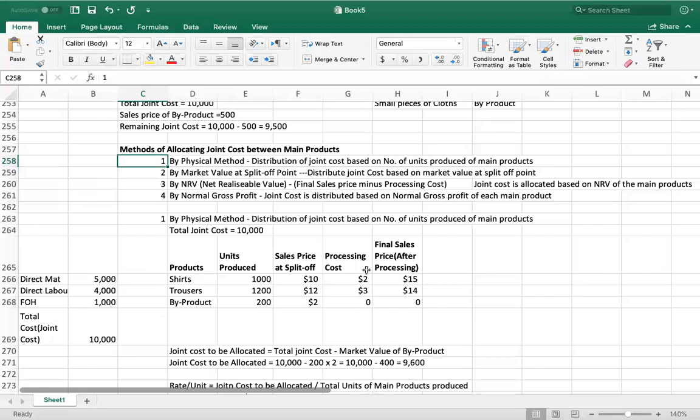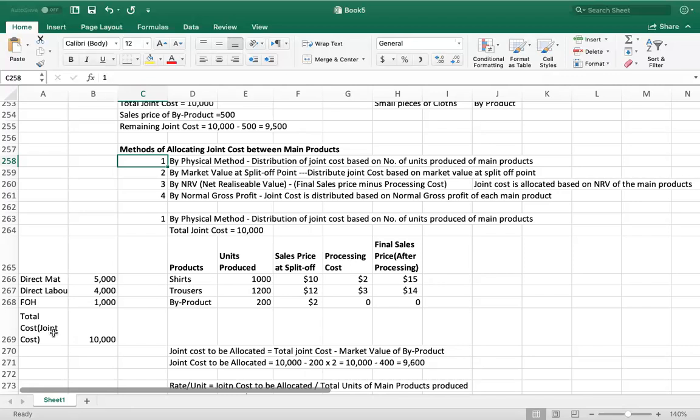Joint cost means collective cost. Before making shirts and trousers, you don't know how much should be allocated to shirts and how much to trousers. So it is collective. You buy all the cloth, buttons, threads, everything for both products. So before allocation, whatever cost is incurred in production is known as your joint cost.